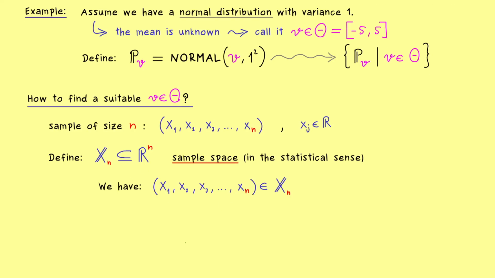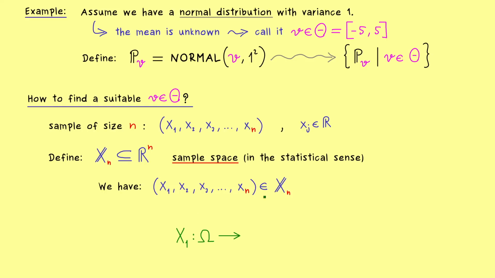On the other hand, in probability theory, we have the notation capital X with index, which denotes a random variable. And this one is usually defined on an abstract sample space omega.